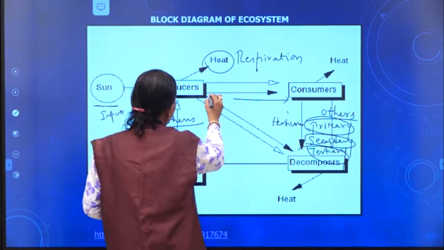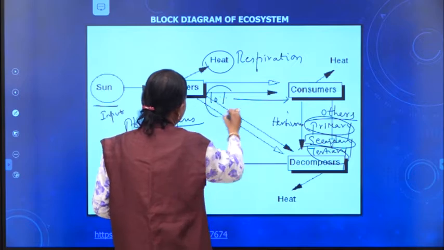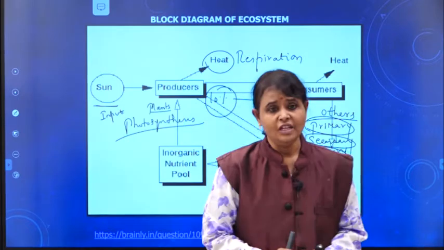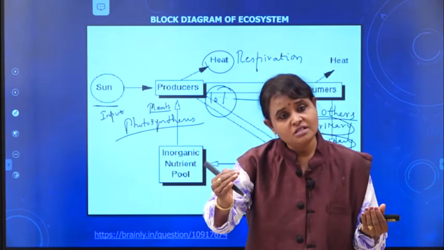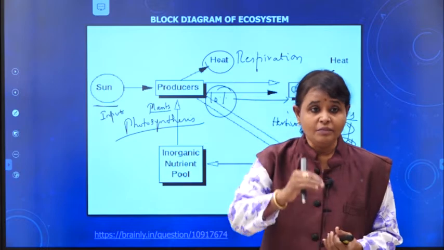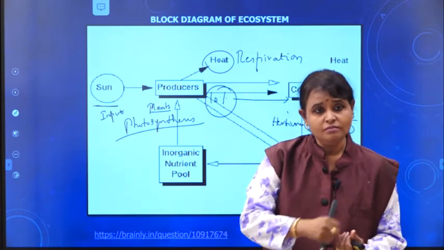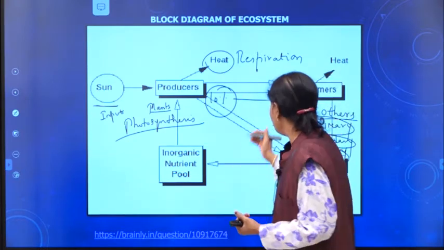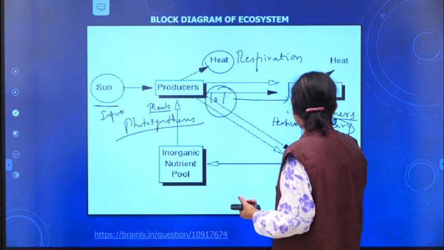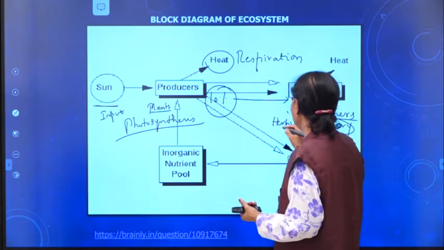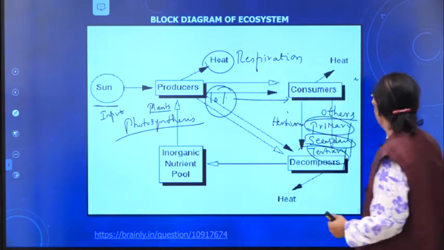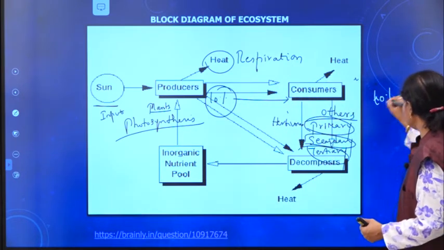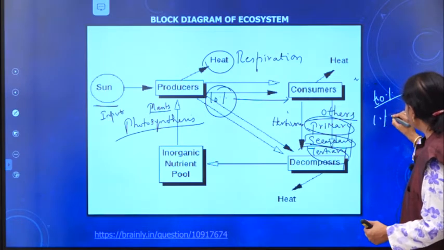This is very important. 10% of energy is present in the plant. That means more energy is present in the plant. From the plant the energy goes to primary consumer. I told you. So here whenever the energy goes to primary consumer, out of 10%, only 1% will go.